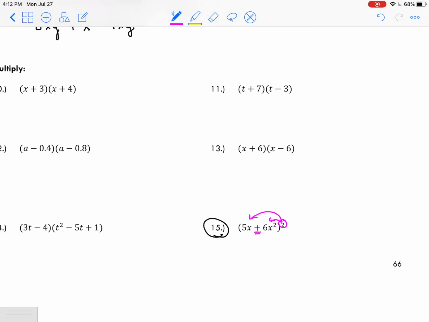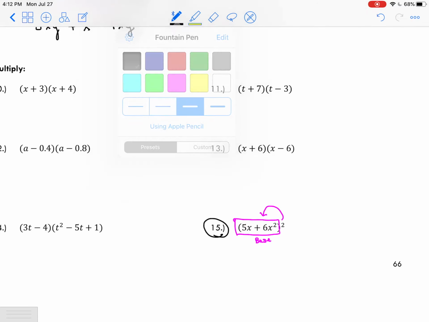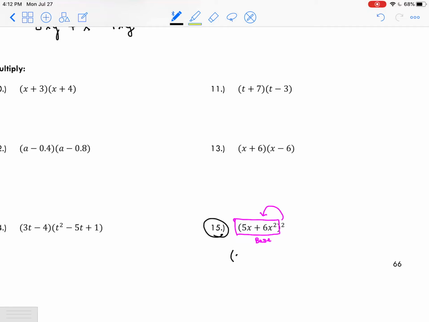But since we have the addition sign in there, this is really saying instead that the 5x plus 6x squared is our base, and the 2 is the exponent. So it's saying we need to take 2 of these. I'll go back to my black here.